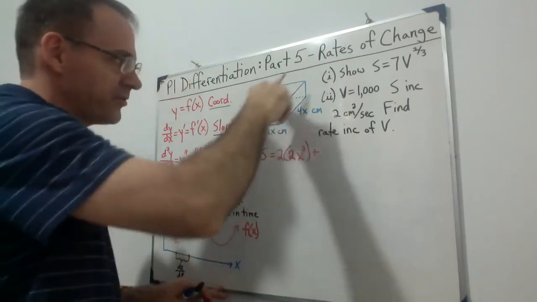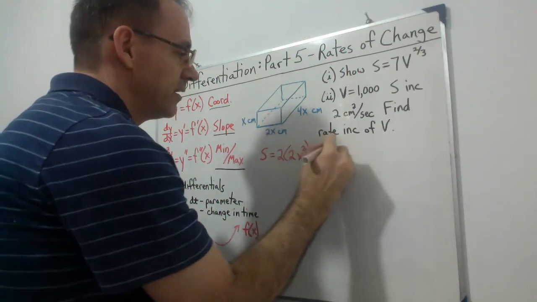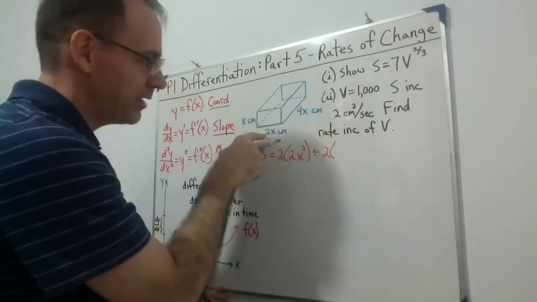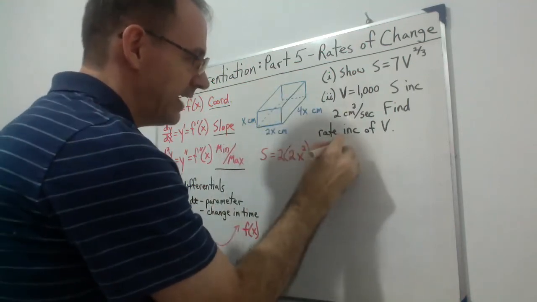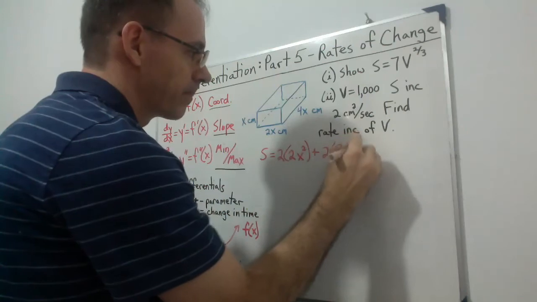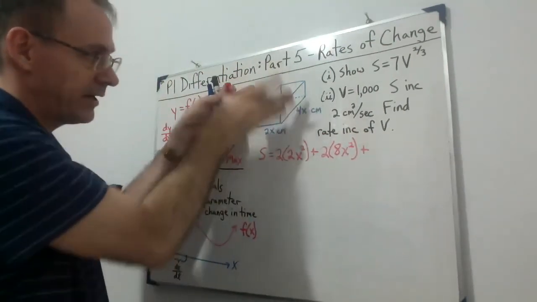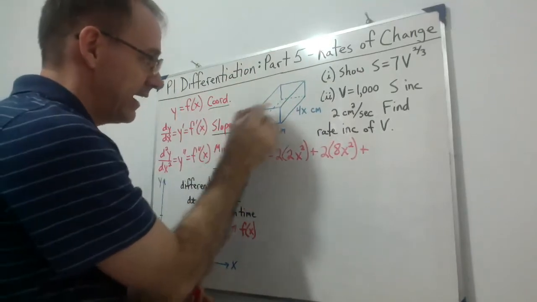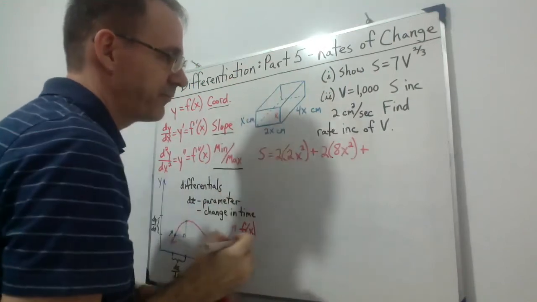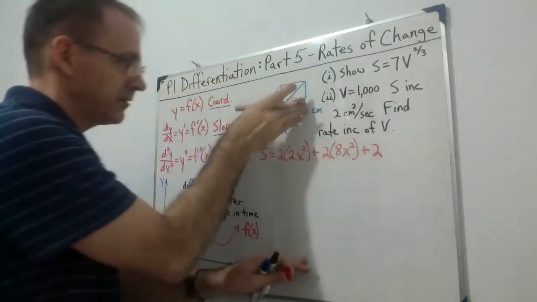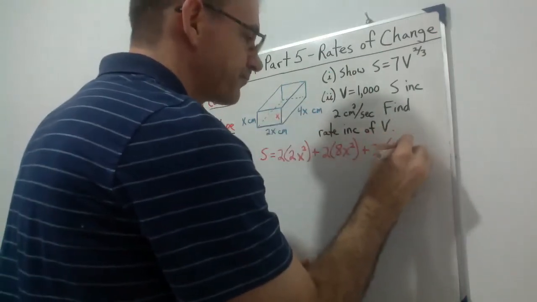Plus, there's the top and the bottom. So that's two more panels that are 2x wide by 4x long. So that's 8x squared. Plus, we have the sides, one on this side and one on this side. And that is x, because this is also x right here. So x by 4x. So there's two of those, right side and left side. And so that's 4x squared.